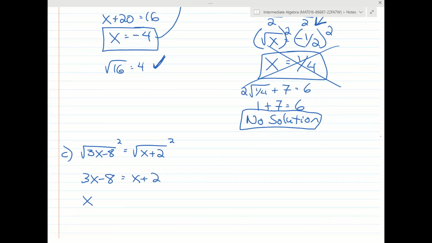Bring the x over, add the 8, and then we just get x is 5. Check your answer. 15 minus 8 is the square root of 7, which is equal to the square root of 7. So checking our answer, that works.